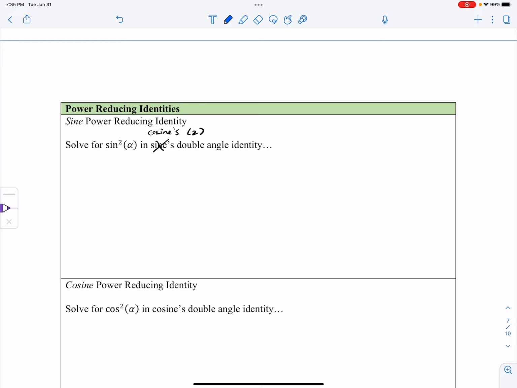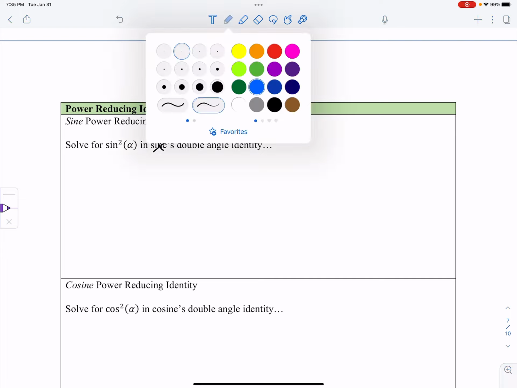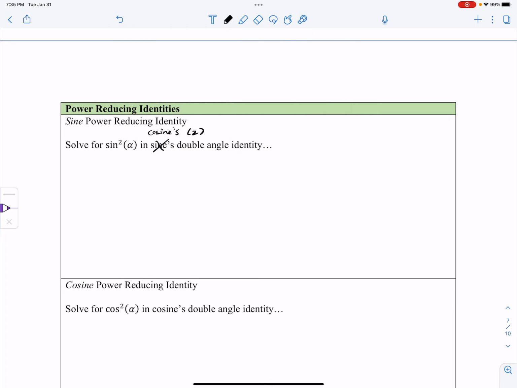So we're going to take cosine's second double angle identity. If you remember that, that's cosine 2 alpha equals 1 minus 2 sine squared alpha. Okay. And then from here, we're going to solve for sine squared.